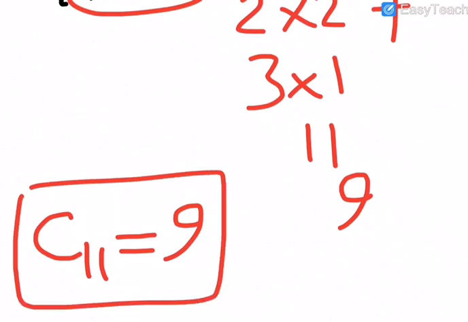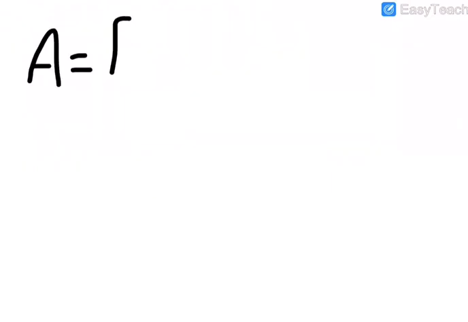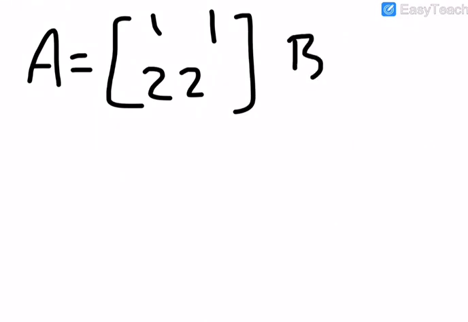And I can do the same for C21, C12, and C22. So it's going to be simple multiplications. Let's do a simple example. Let's say I have a matrix A equal to 1, 1, 2, 2, and a matrix B equal to 0, 1, 1, 2.